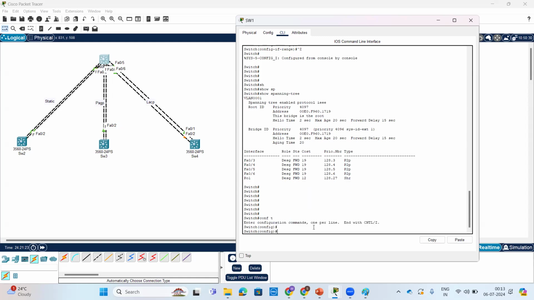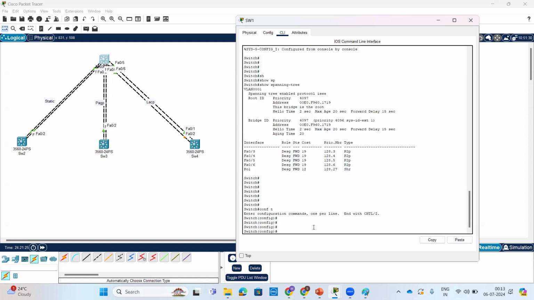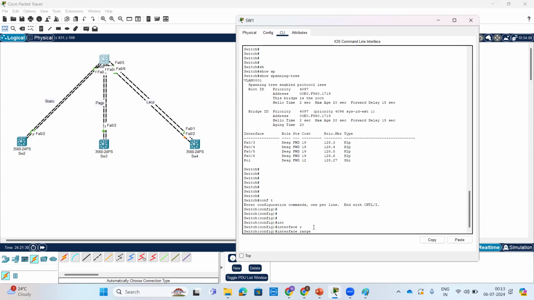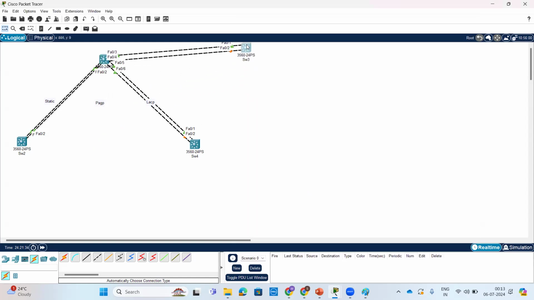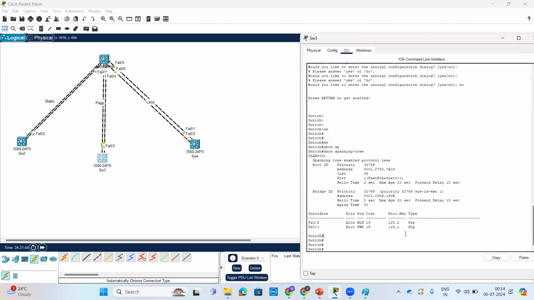Config terminal, interface range FastEthernet, the ports are 3 and 4. You can check here: one port is orange, one is green, meaning one port is in forwarding state. I am showing this on switch 3.